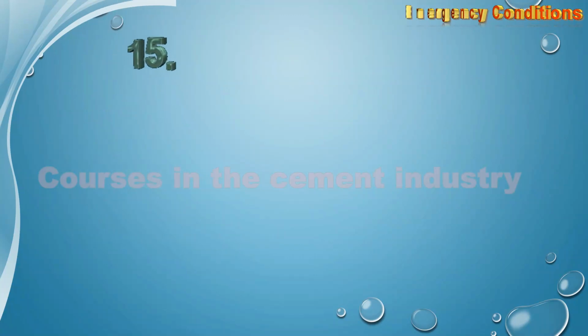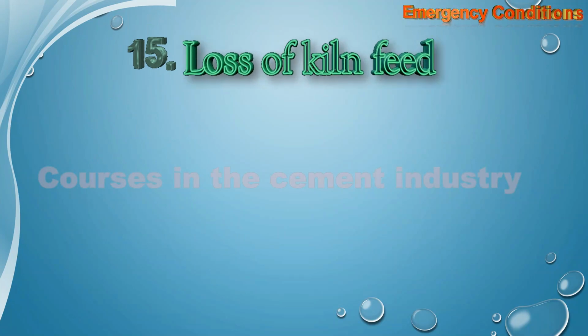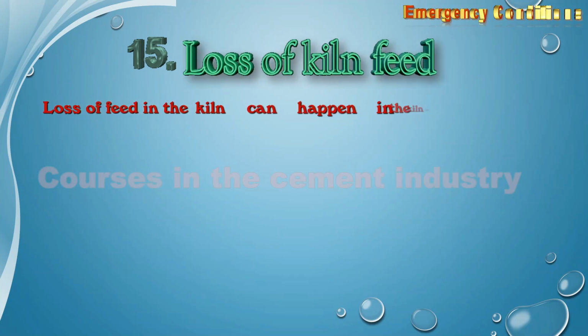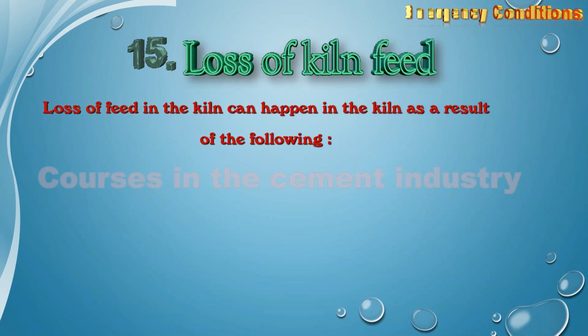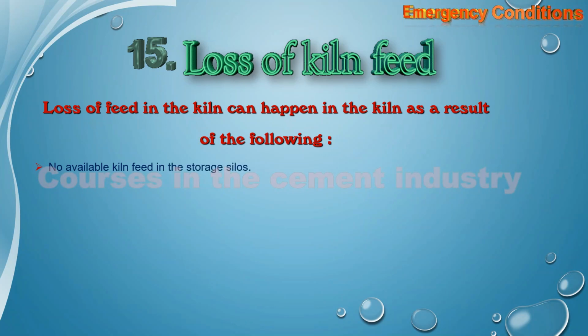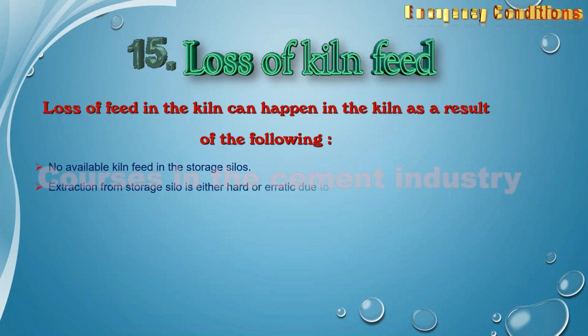15. Loss of kiln feed. Loss of feed in the kiln can happen as a result of the following. 1. No available kiln feed in the storage silos. 2. Extraction from the storage silo is either hard or erratic due to a problem in the system. 3.